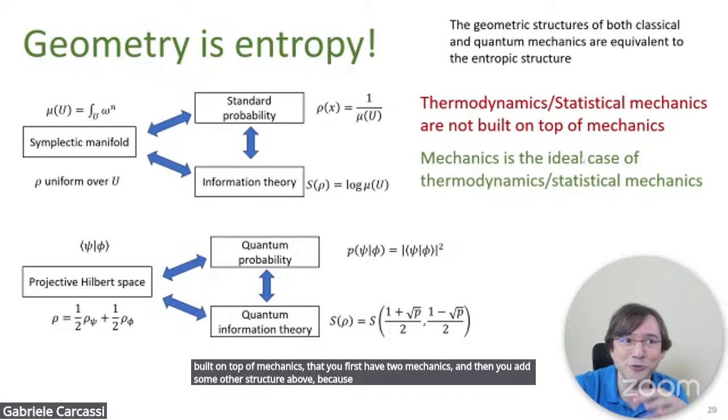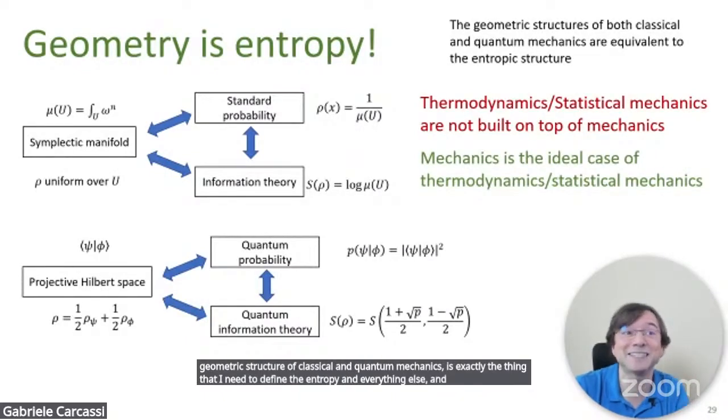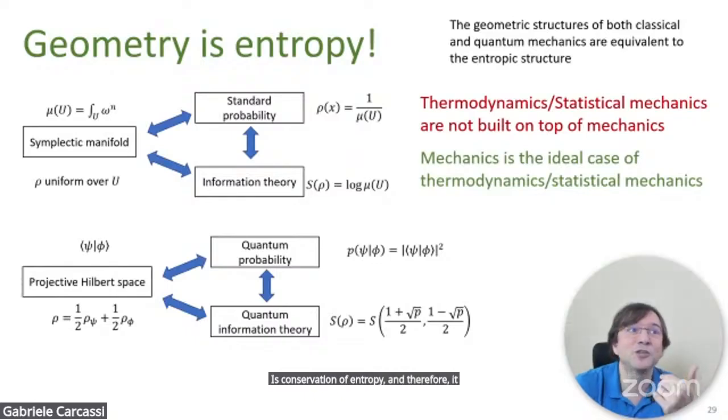The geometric structure of classical and quantum mechanics is exactly the thing that I need to define the entropy and everything else. And Hamiltonian mechanics is conservation of entropy, and therefore it's sort of the same thing.